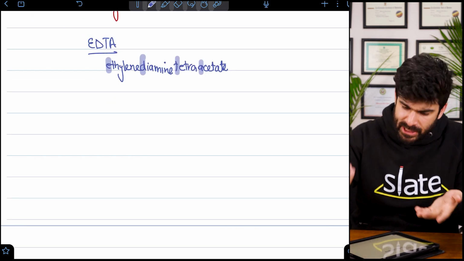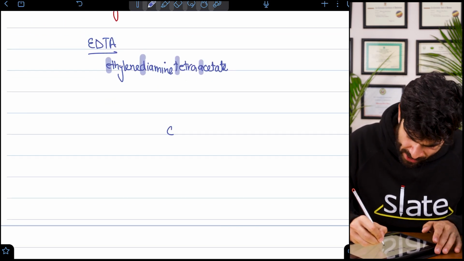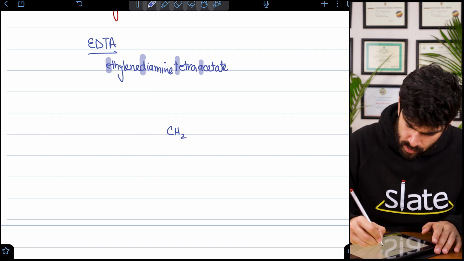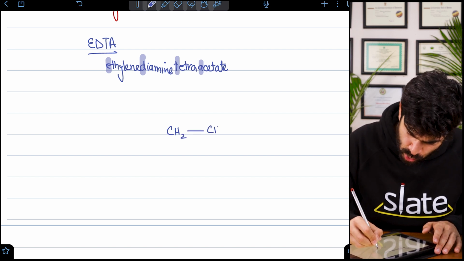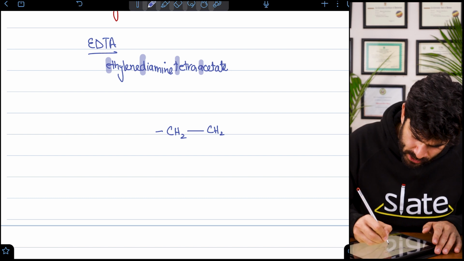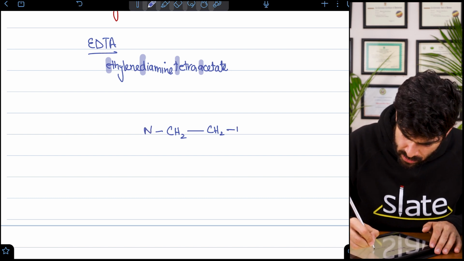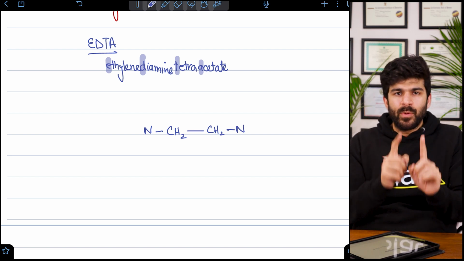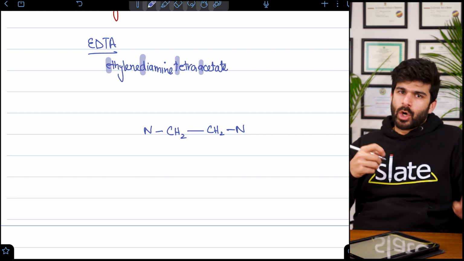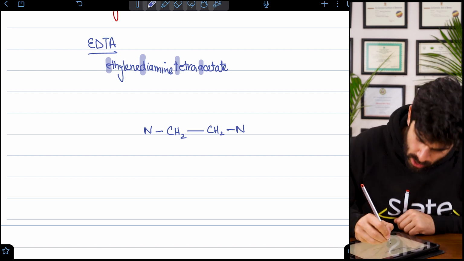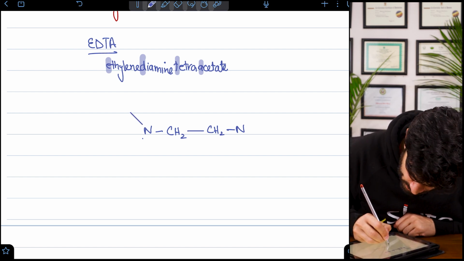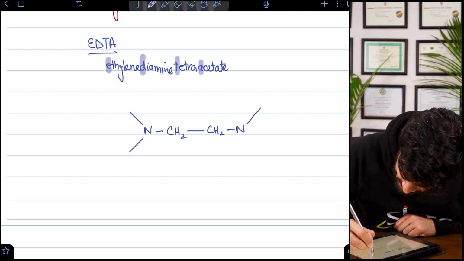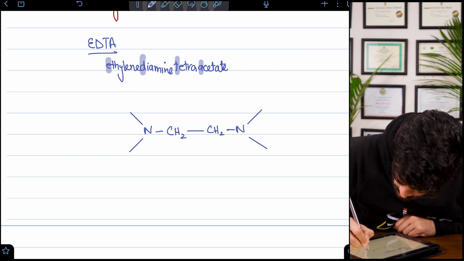Ethylene means ethane, so we have CH2 bonded with another CH2, and this is further bonded to an N for amine. Then we have tetraacetate or acetic acid. So this N is further bonded to 2, and this N is further bonded to 2.